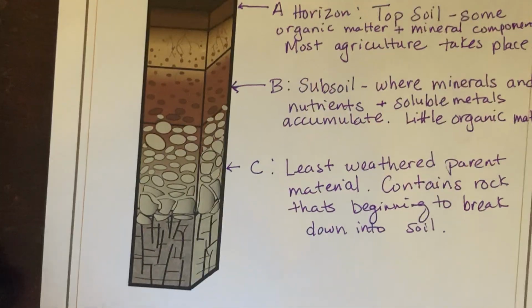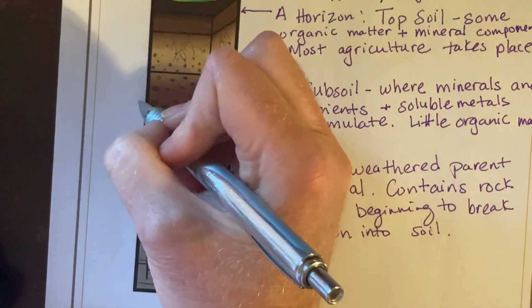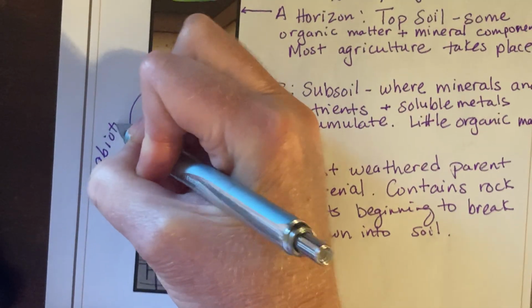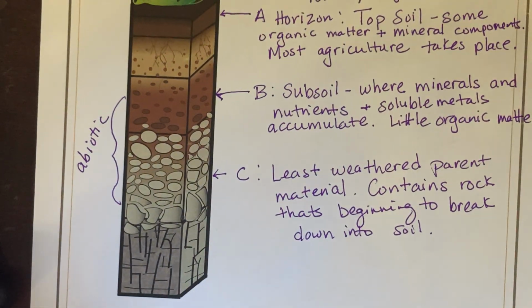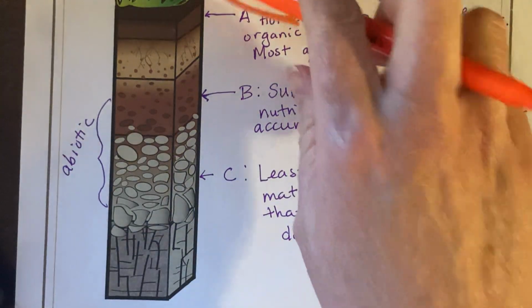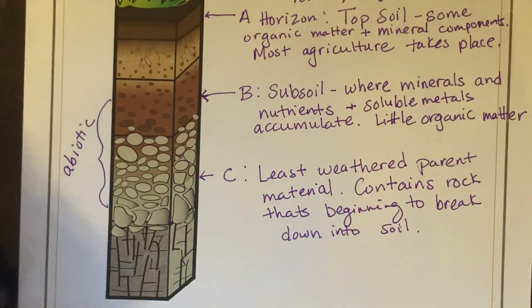Okay, so your B and C over here are mostly going to be abiotic. So your non-living parts of the soil. Your O and A are going to be a mixture of both.